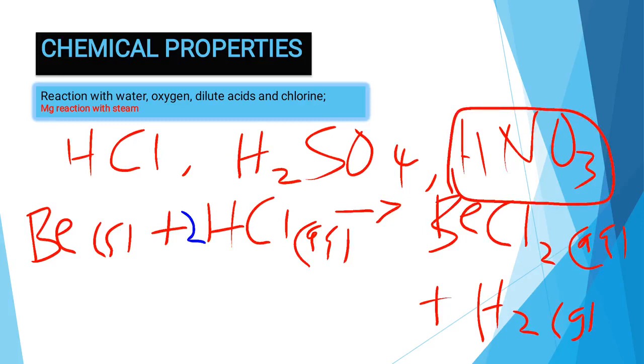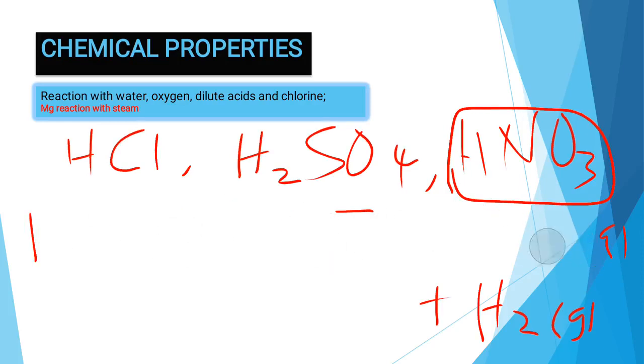Welcome back. We can check and try to see whether your answers are correct. We look at the equation for magnesium with nitric 5 acid.